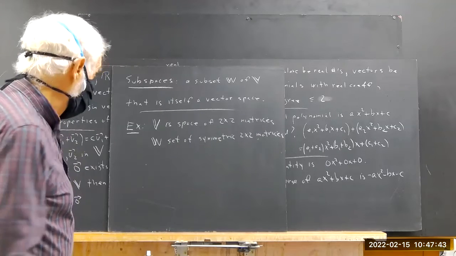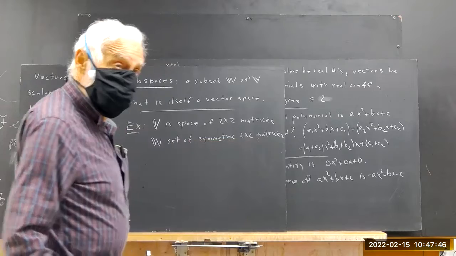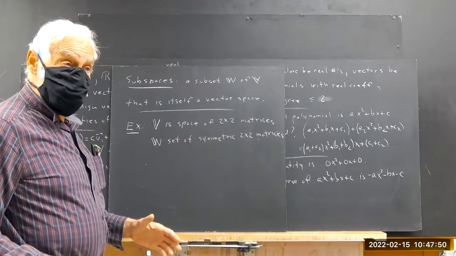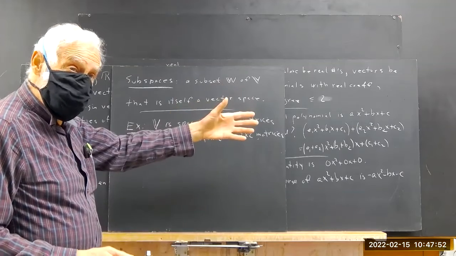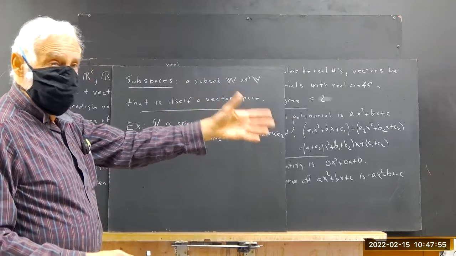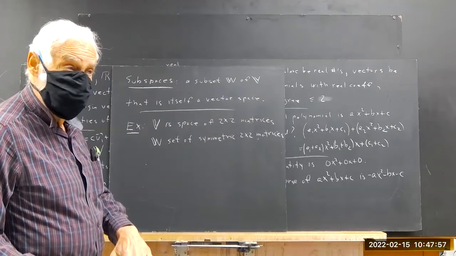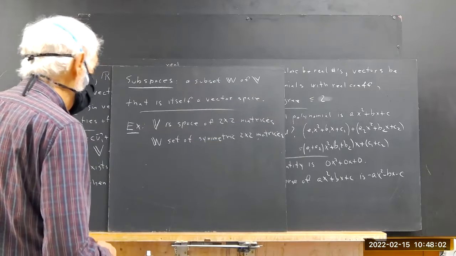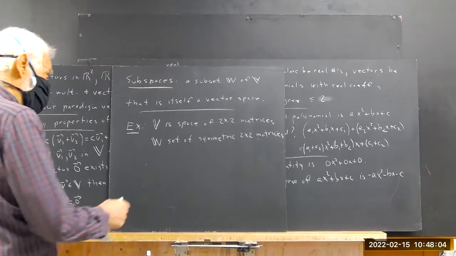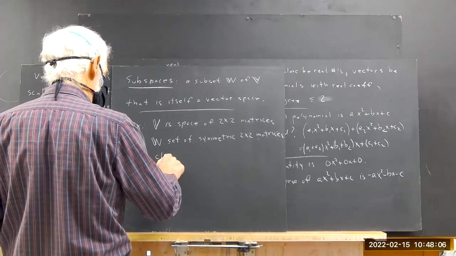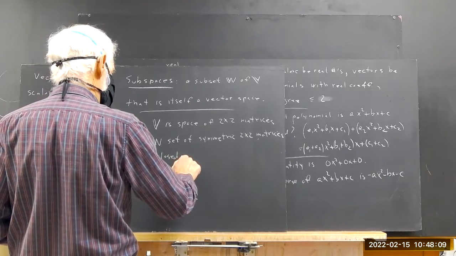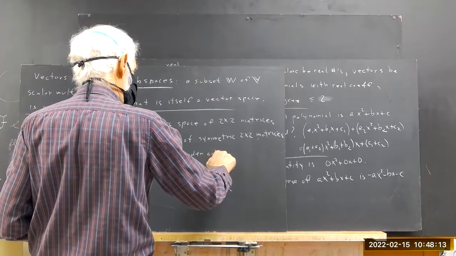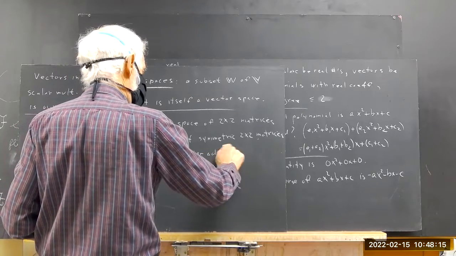Well, if you add two symmetric matrices, the sum is symmetric. Remember what symmetric means? It means everything above the main diagonal is reflected below the main diagonal. So it's symmetric here. Those are the difference.